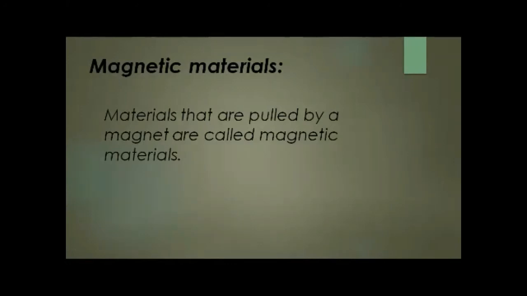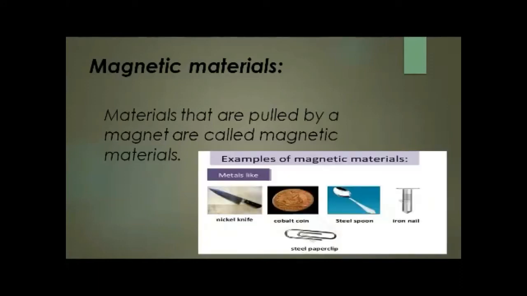Materials made from iron, steel, cobalt, nickel can be easily attracted by a magnet. Here are some examples of magnetic materials: knife, coin, spoon, nail, paper clip.